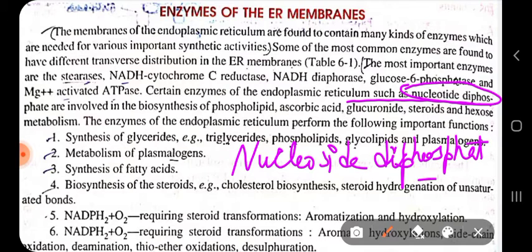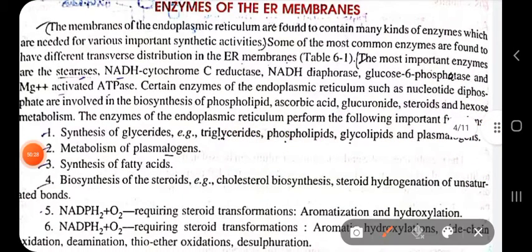Diphosphatase. This is given in your Table 6.1 right after this paragraph. So nucleoside diphosphatase is involved in biosynthesis of phospholipid, ascorbic acid, glucuronide, steroids, and hexose metabolism.